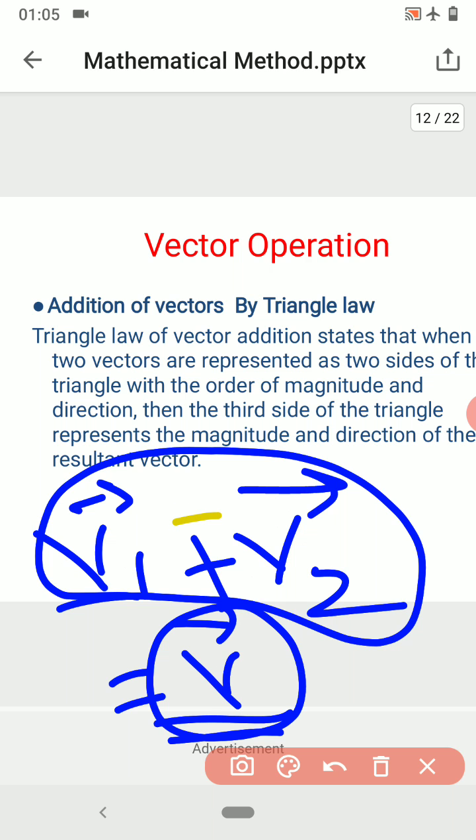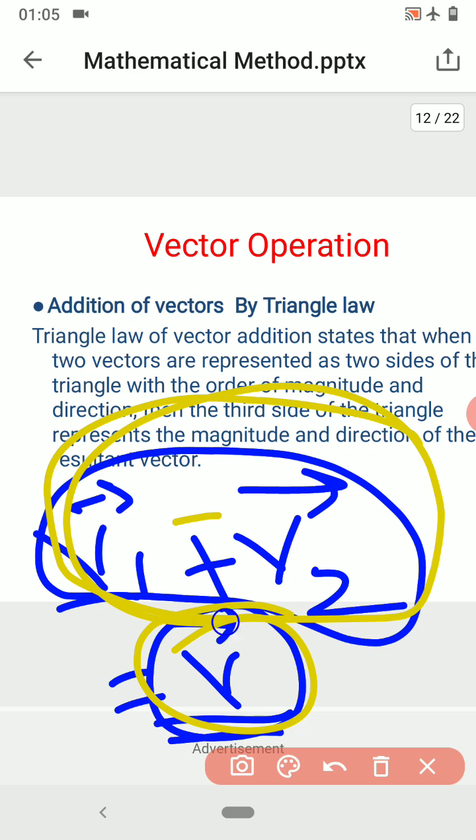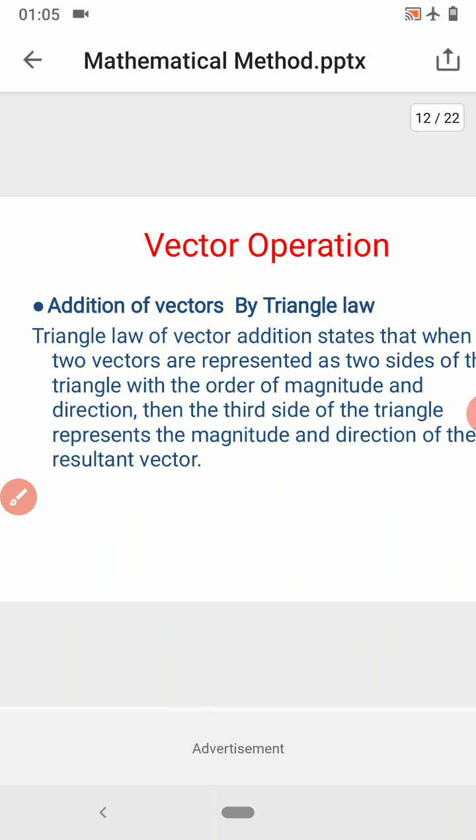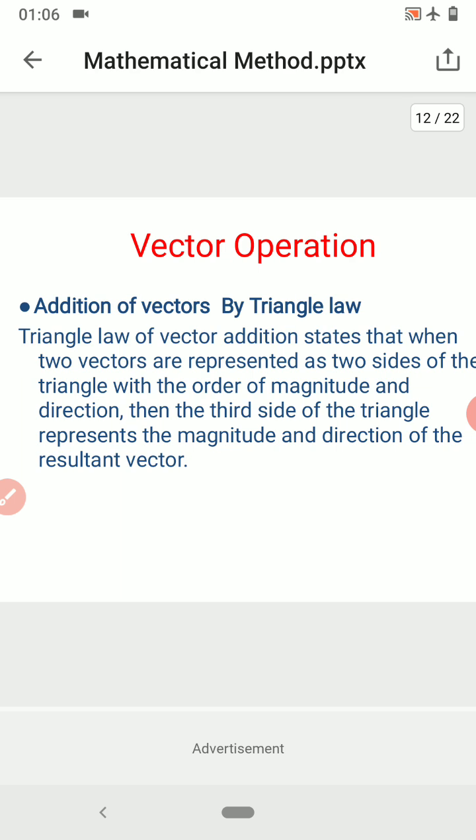The net effect on this vector will be dependent on the operation. So added should be added, subtracted should be subtracted. That is very, very important. It is important to understand that only vectors of the same type should be added or subtracted.